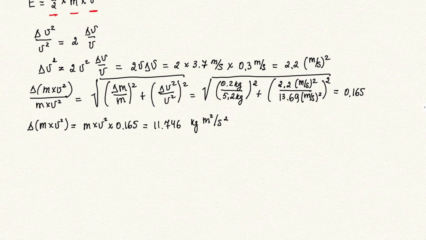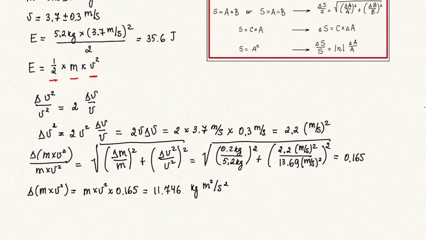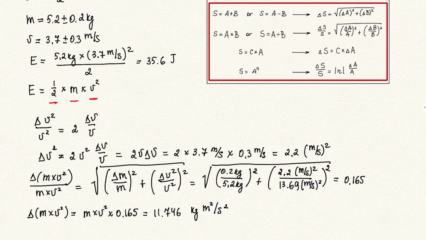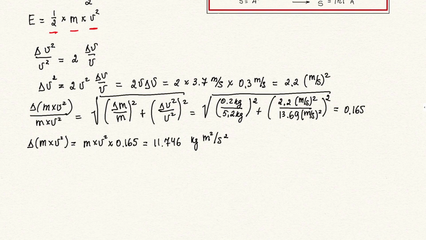So now the last step which I need to do is to find uncertainty of a product between mv squared and this constant, and we're going to be using this equation number 3, and it's very easy because absolute uncertainty will be just equal to the constant multiplied by the absolute error of mv squared.